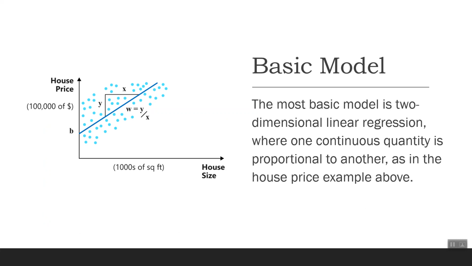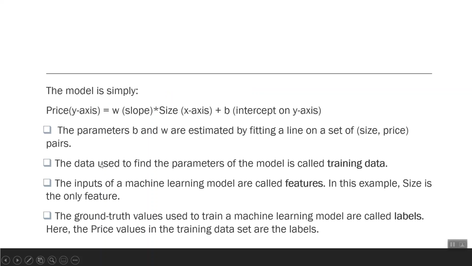Every point on this graph has a y coordinate, a house price, and a house size. So the nearest fit will be a straight line which passes like this, and the data used to find the parameters of the model is called the training data, and the inputs of a machine learning model are called features.